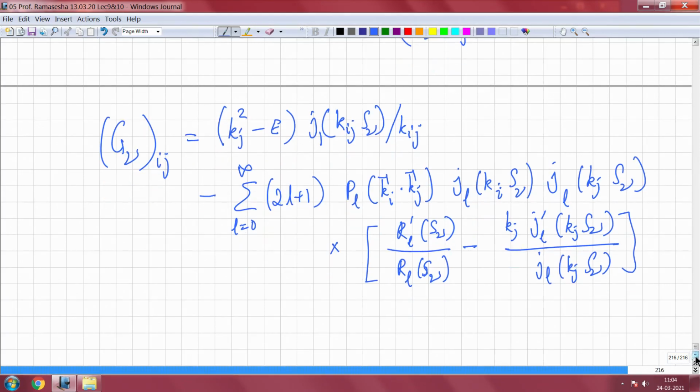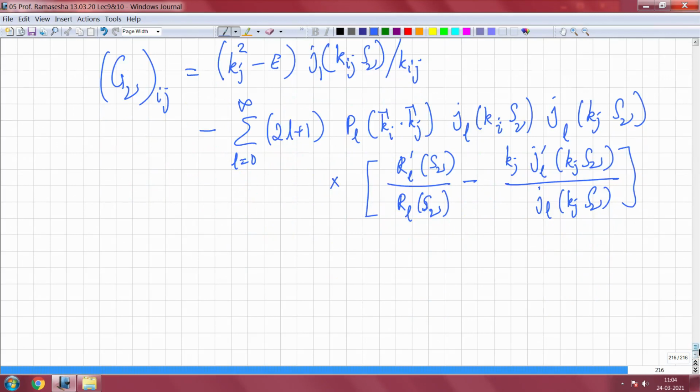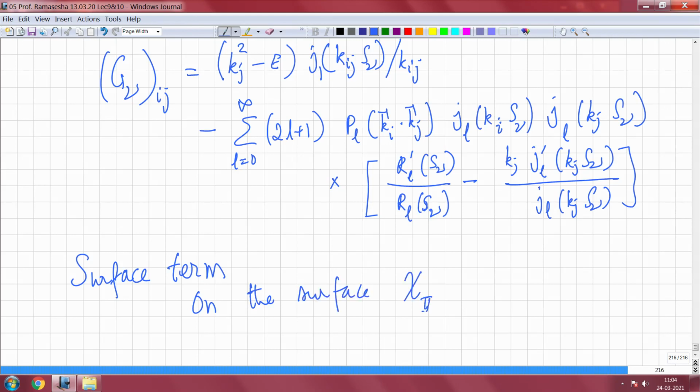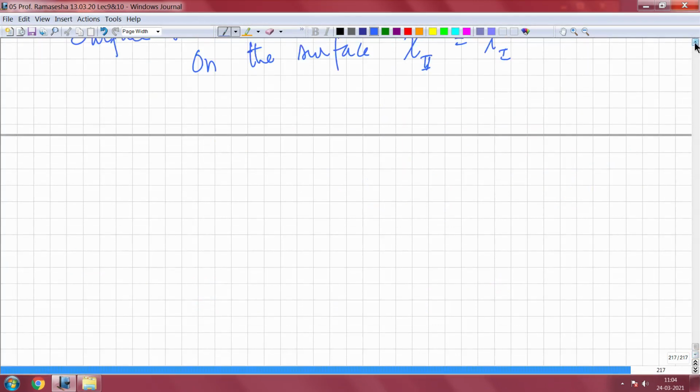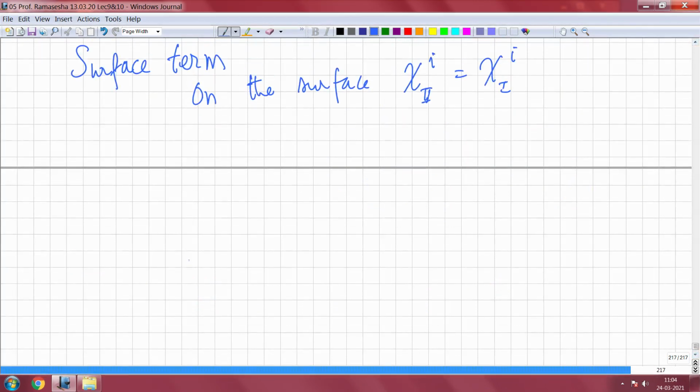The surface term I got in the following fashion, because this whole thing comes from the surface term. I will just sketch how we evaluate it. On the surface, chi2i is equal to chi1i. So the one that involves the difference between chi2 and chi1 will not contribute, and the surface term contribution only comes from the quantity corresponding to chi2i plus chi1i.